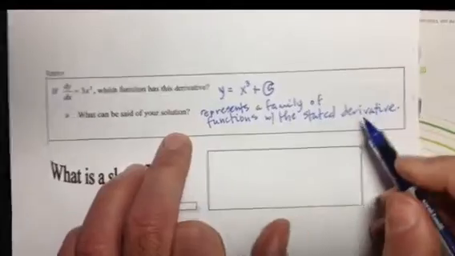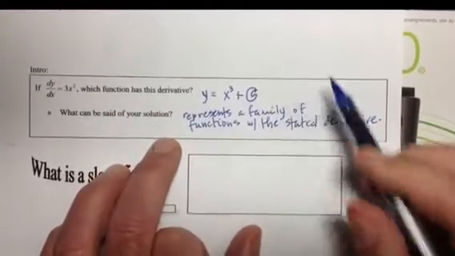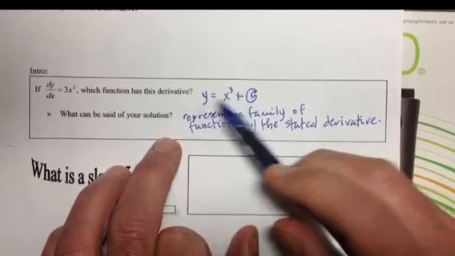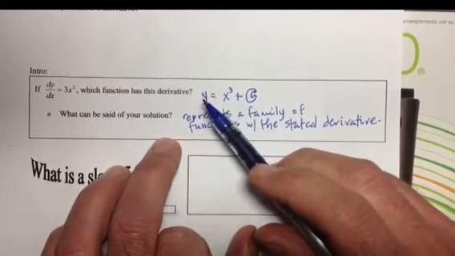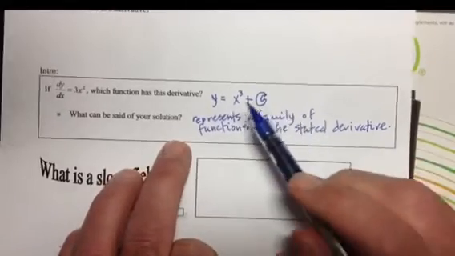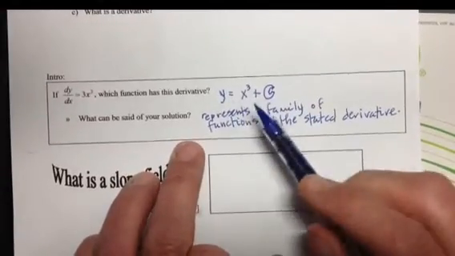Now, as we've done before, if they give me a clue, if they tell me something that's true about the function, they give me an x and a y value for the function, I can substitute those in, and then I can solve for c. So that's what we call solving a differential equation.